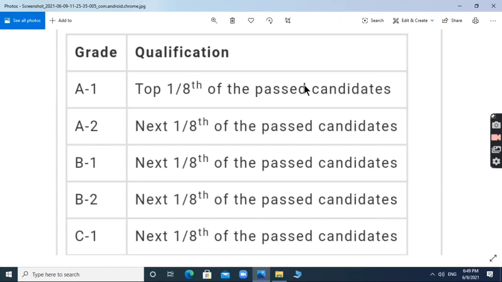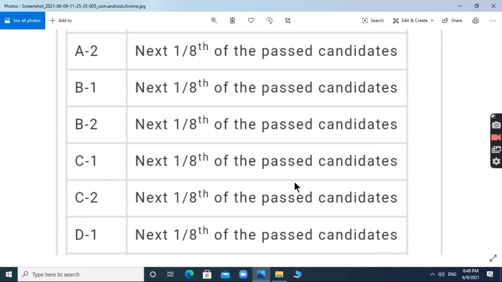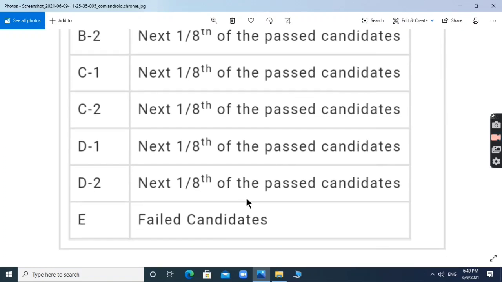Here all the students are divided into 8 groups. Top 1/8 is awarded grade A1, then A2 for the next 1/8, then B1, B2, C1, C2, D1, D2 and E. E means failed candidates.